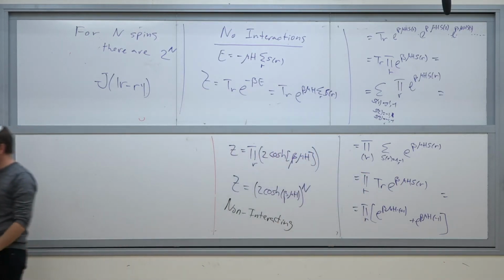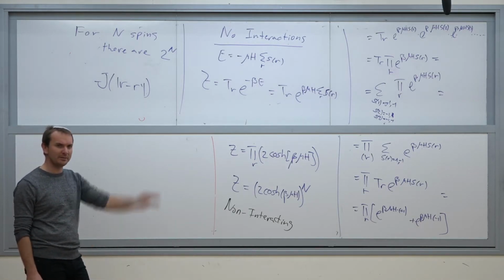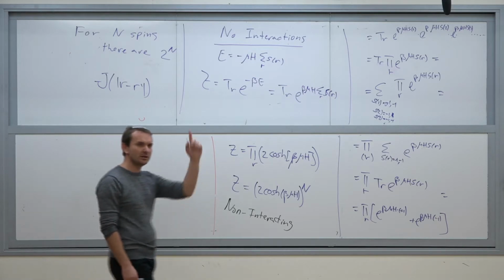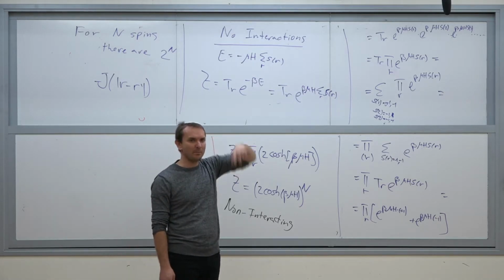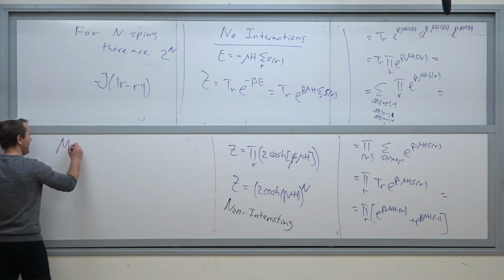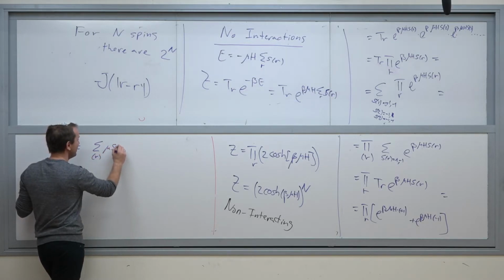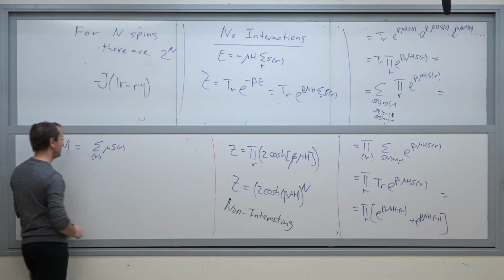When I'm saying the net magnetization, I already told you that magnetization is actually fluctuating as a function of time. Those fluctuations are small because each spin we expected to go up or down, up or down. So when I'm saying M, it simply equals the sum over r of mu s of r.